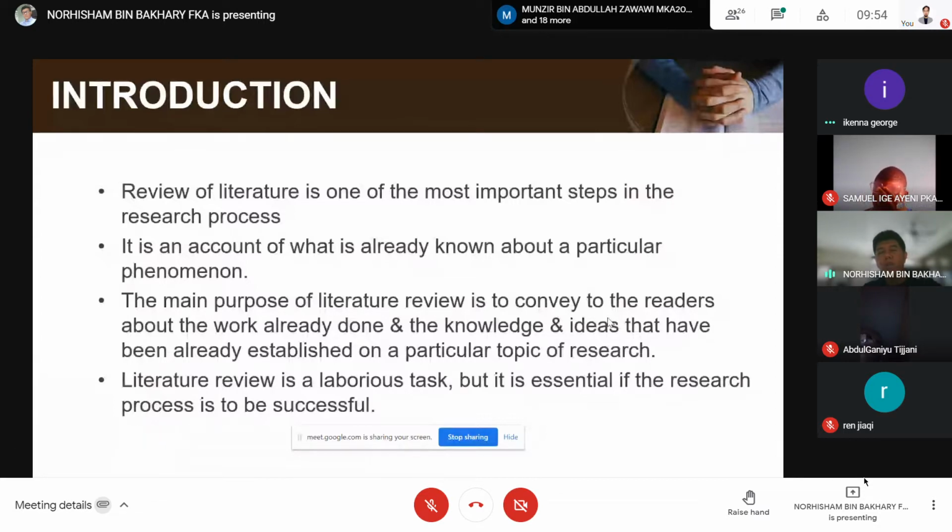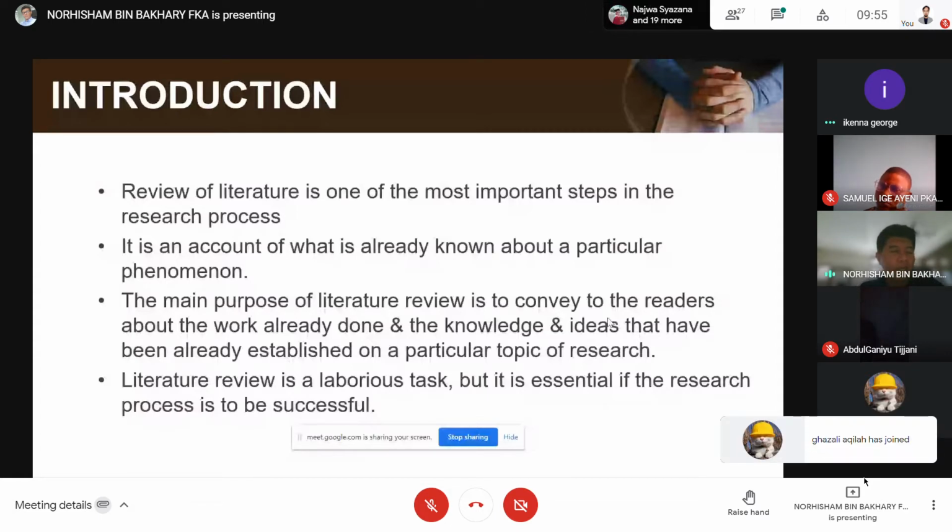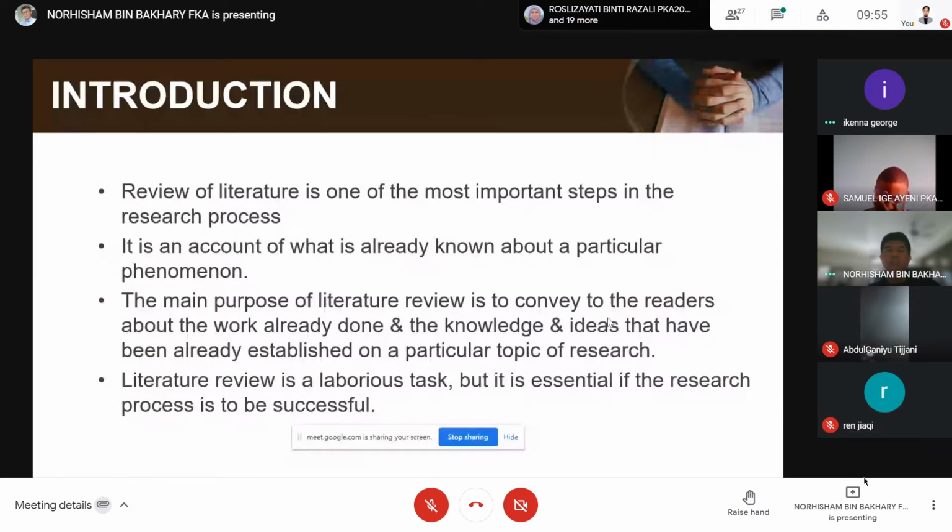And then you have to find another paper that cited the one, and then you have to follow the trail. You can see how the research in that particular area is progressing until the latest one up to the day that you registered as your PhD student.